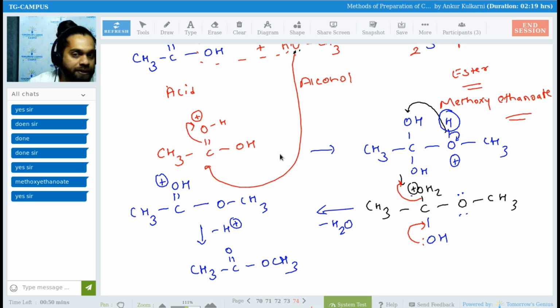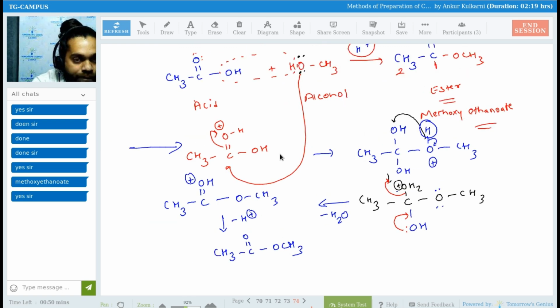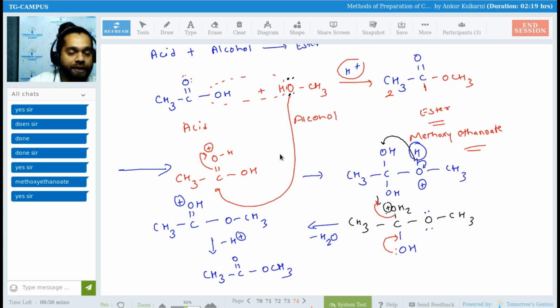Come on, write down the mechanism, starting from the top. Prashanti, I hope it is clear.